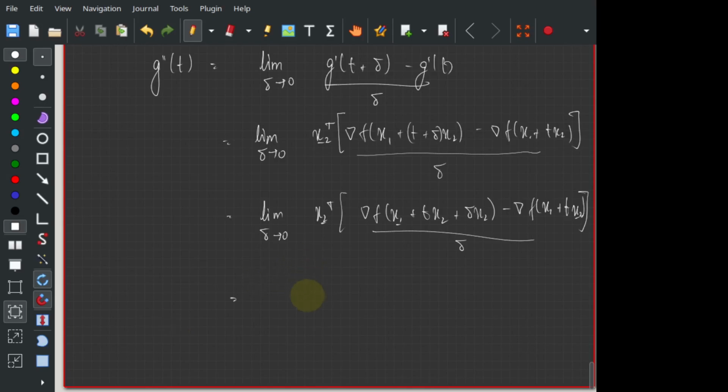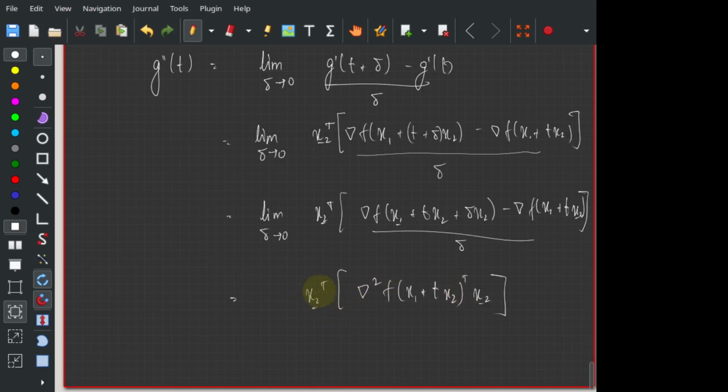Yes, so it's just going to be x2 transpose times the double derivative, or the Hessian of f, evaluated at x1 plus t x2, times x2. Because this is a matrix, right?